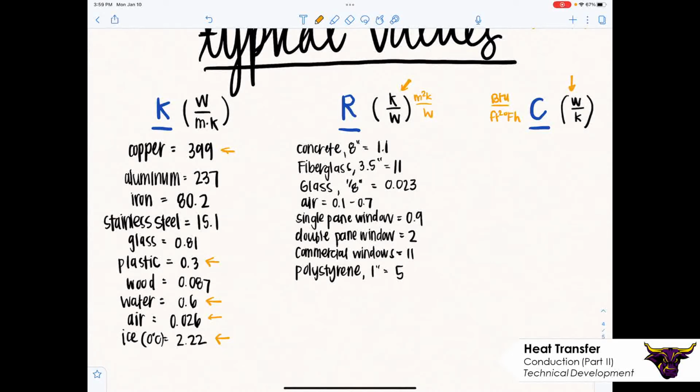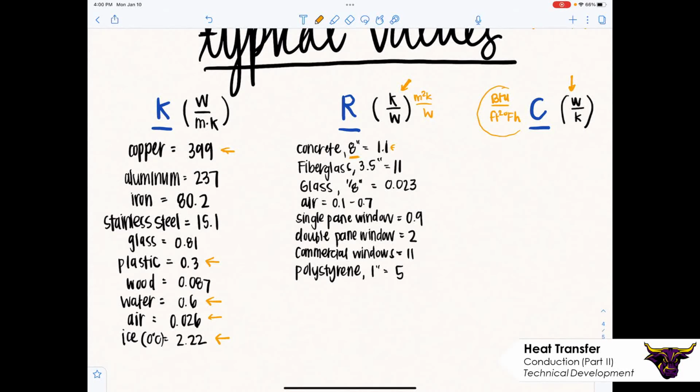So thinking about R values, the trends are still going to be the same regardless. If we think about this thickness of 8-inch concrete versus 12-inch versus 24-inch, your resistance is going to differ. You get 1.1. So not a super high resistance. If you think about looking at the watts per Kelvin instead of the Kelvins per watt, or you can think again in these units, 1.1 BTU per foot squared degree Fahrenheit.